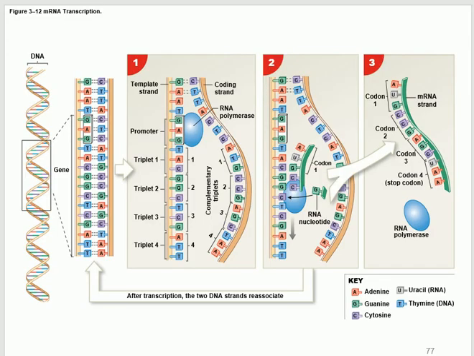Here it is again. Here are the 2 strands, separate and untwist. Here is RNA polymerase. It will find the sign to start. And this sign is called the promoter or the start point. And then you read 3 by 3. Okay, TAG. It means an amino acid. You don't have to know which one. You will see it, but you're not responsible for it.